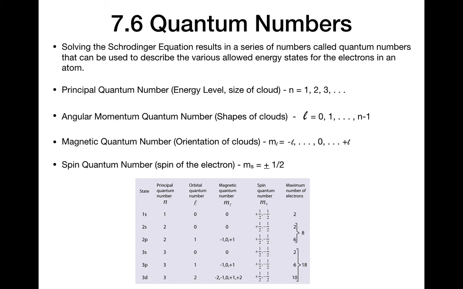That totals 2 electrons in the 2s and 6 in the 2p for a total of 8 electrons in the second energy level. You can work that out for yourself for the 3s, the 3p, and the 3d. Just study that table and you'll see that 18 electrons can fit in the third energy level. That is how quantum numbers work for describing the various energy levels, sublevels, orbitals, and spins of electrons in the atoms. Thank you very much.